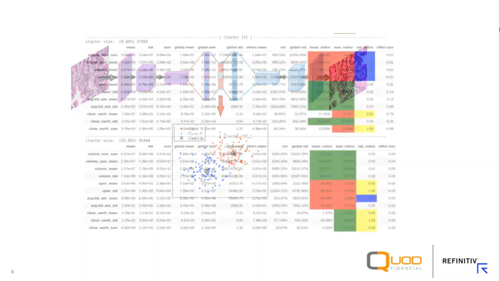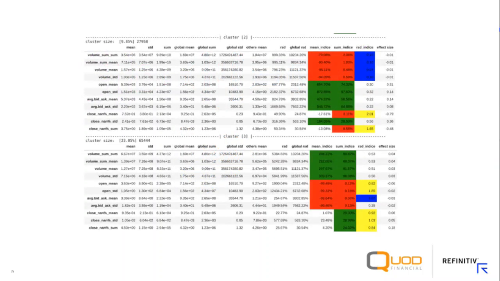But again, the foundation of having that scalability, there's no point having a great scalable machine learning platform that can do advanced TCA and execution analysis if your underlying data isn't good and isn't clean and doesn't have all the features and all the data points.